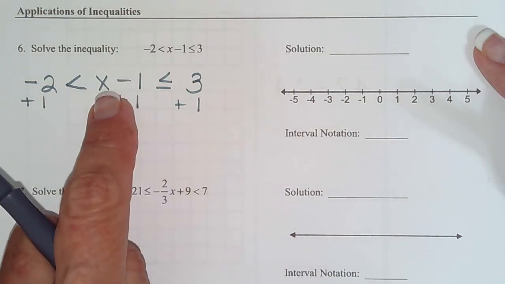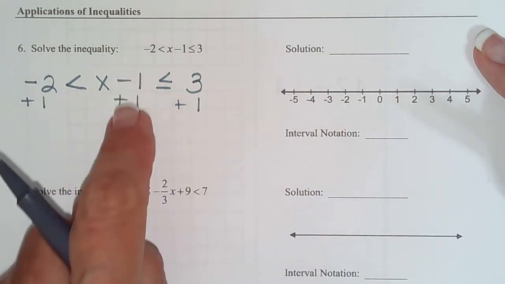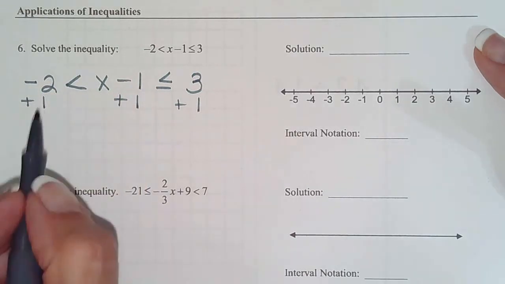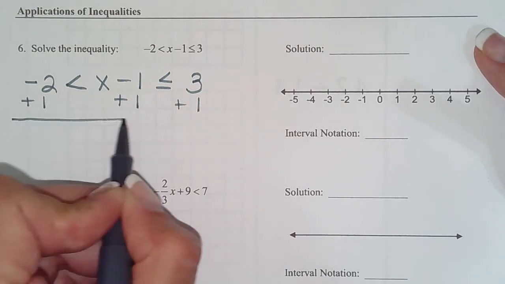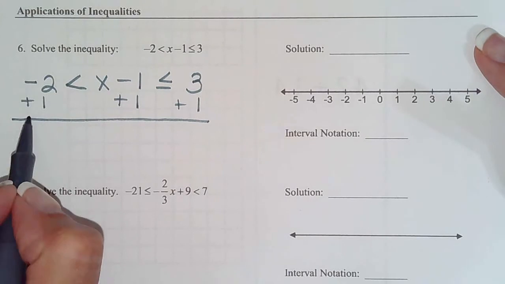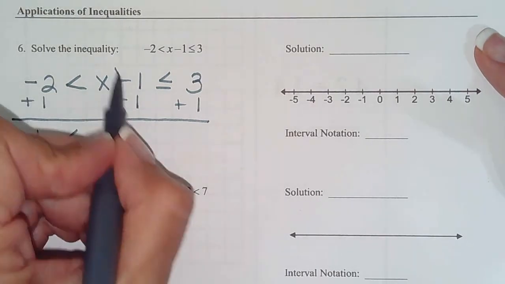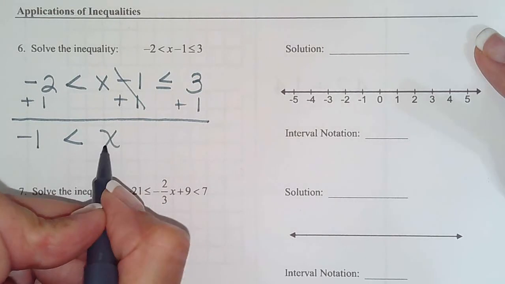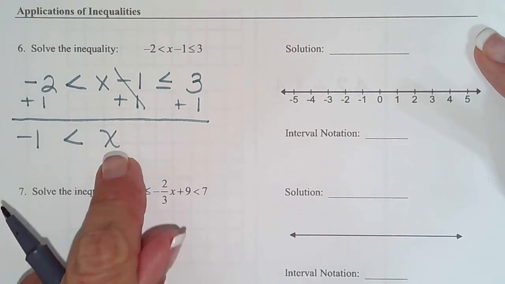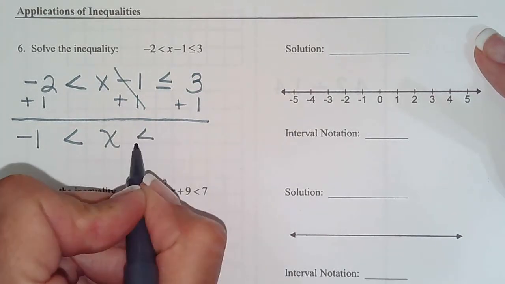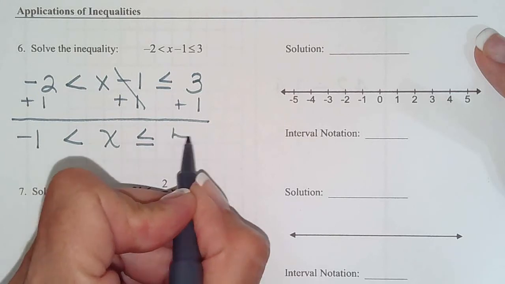But do you see why I'm doing it? Because I'm trying to do the opposite so I can get x alone. So now on the left side I have -1 less than. In the center I have x. Yay! Happy dance! My x is alone. Less than or equal to 3 plus 1, 4.